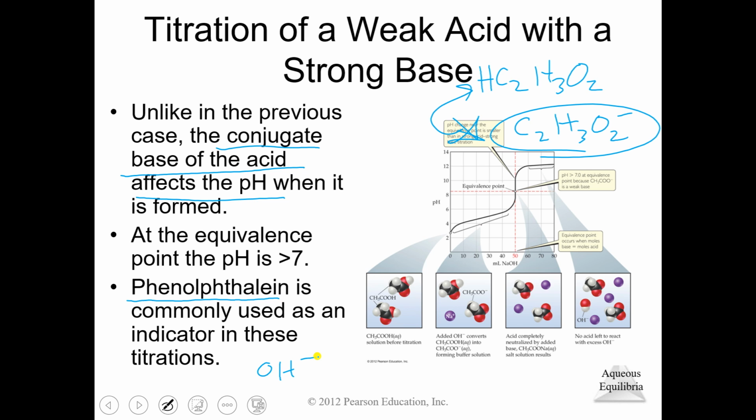And if it's testing for the OH minuses in solution, the hydroxide anions in solution, that means they're in there because there's no longer any more hydrogen ions to counteract the hydroxides. They're used up. So that means I have excess hydroxide ions. So as soon as the hydroxide ions stay in solution, the phenolphthalein will turn pink instantly.